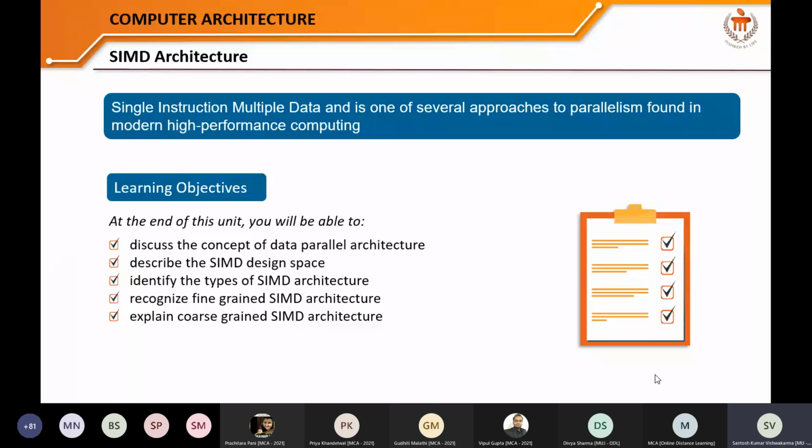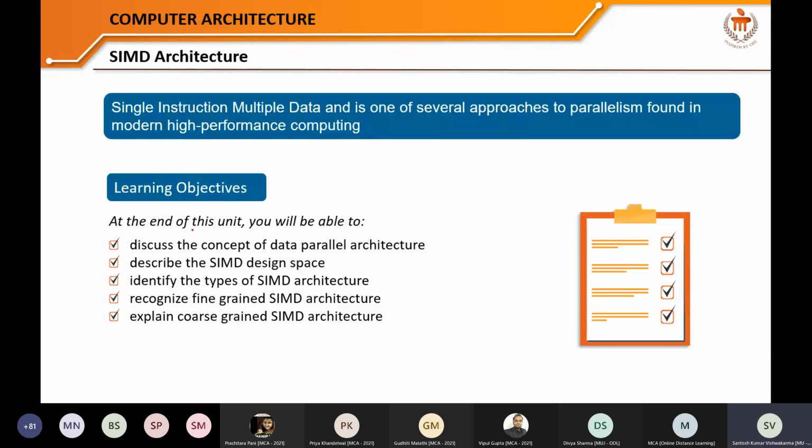That's why we are learning it separately, in continuation of memory as well as vector processors. As we go ahead, we'll see different types of SIMD architecture, and also learn about the design issues of SIMD from an architecture perspective.